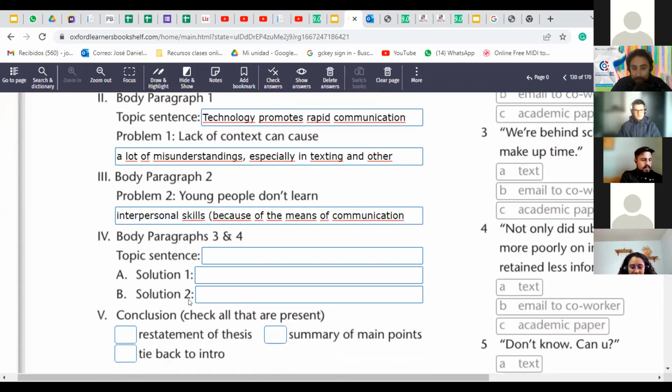Then, what is the topic sentence of paragraphs 3 and 4? Again, somebody from group number 1. Maybe Mafe.